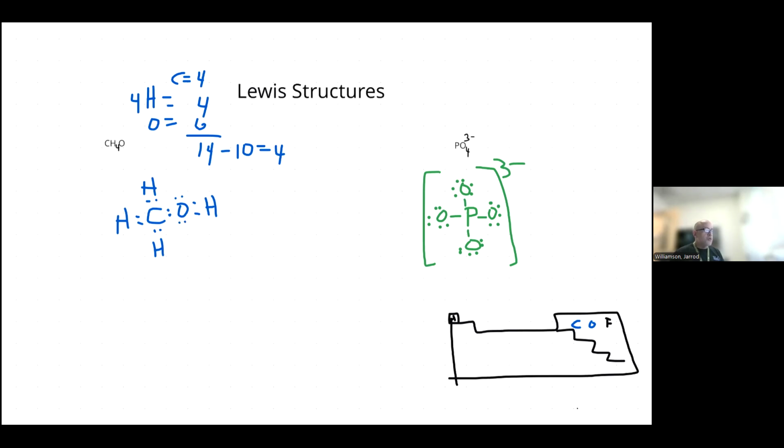And so now the Lewis structure for this will be here, here, here.